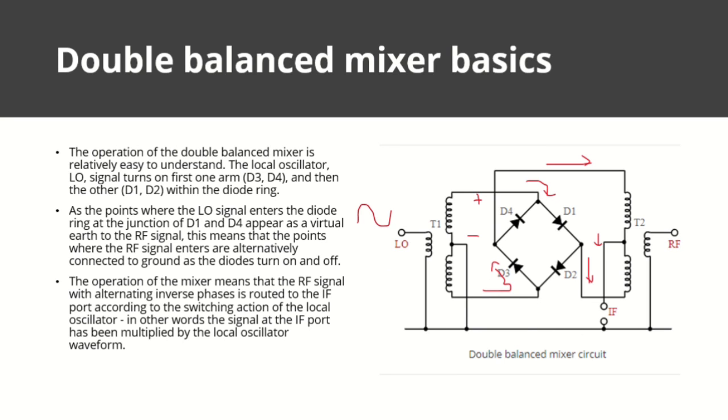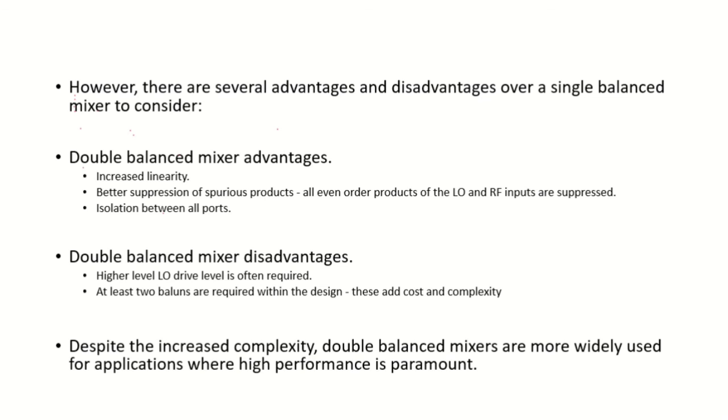Okay, so what are the advantages and disadvantages of the double balance mixer? The advantages are increased linearity compared to the single balance mixer, better suppression of spurious products, and isolation between all ports. Spurious products means spurious frequencies, for example image frequency and harmonic frequency, which it can suppress. So it can isolate the RF and also the LO.